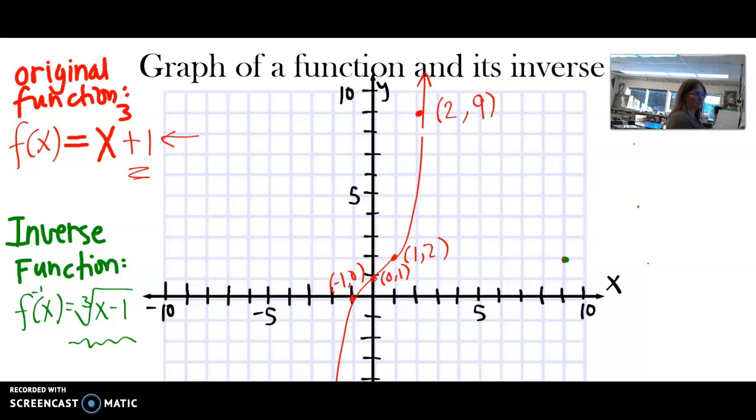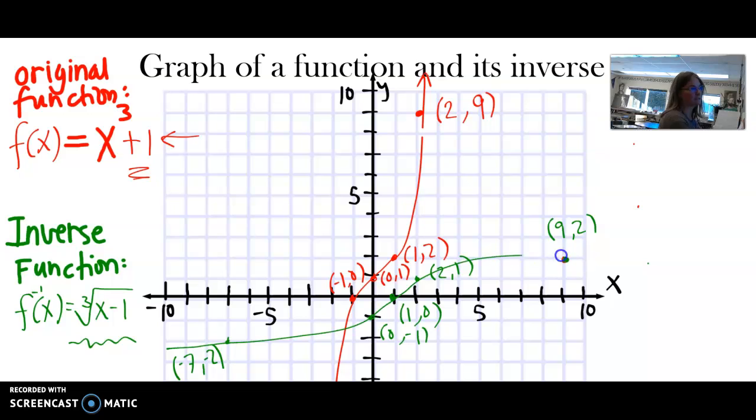Instead of 1, 2, it's going to be over here at 2, 1. 0, 1 is going to be 1, 0. Let me write these out: 9, 2; 2, 1; 1, 0; 0, negative 1. And remember we had negative 2, negative 7, so it's going to become negative 7, negative 2 on the inverse. So we interchange all of our x, y ordered pairs, and that's what the graph looks like.